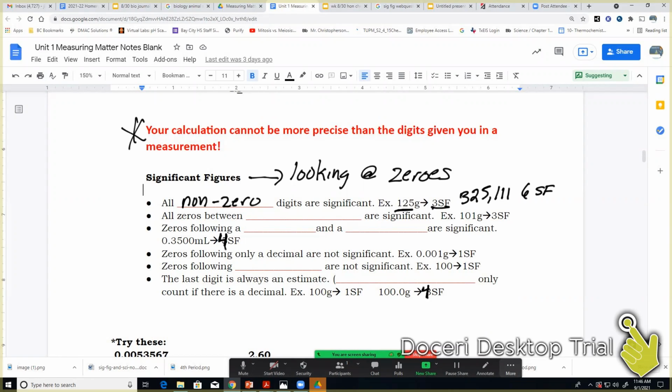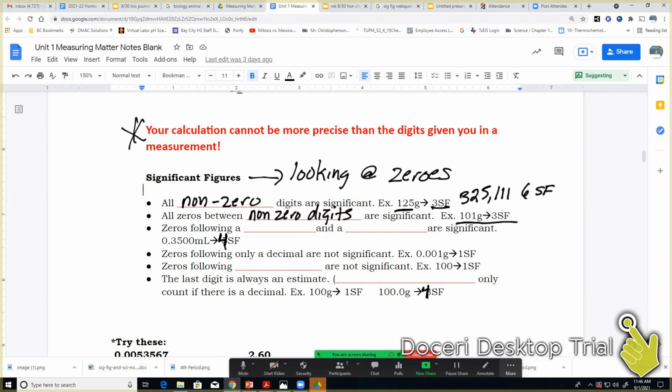The next one is kind of the second easiest rule. All zeros between non-zero digits are considered significant. Because remember, if they're between non-zero numbers, they're not the estimate. There's still something following them. I call them sandwich zeros.